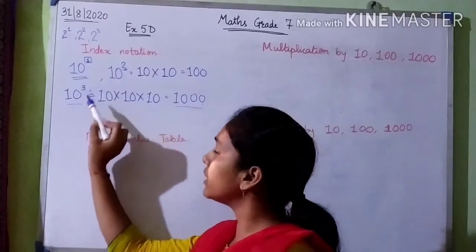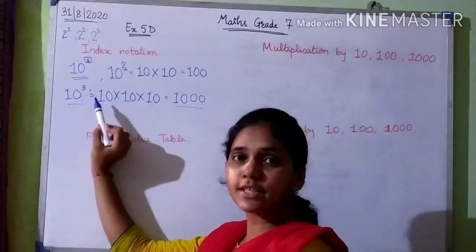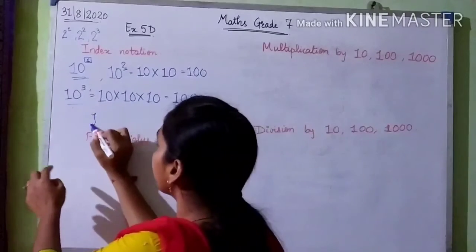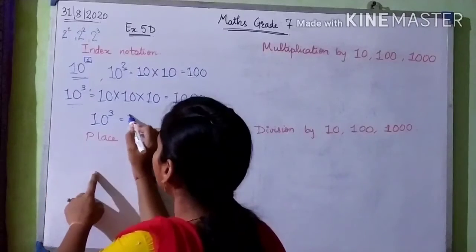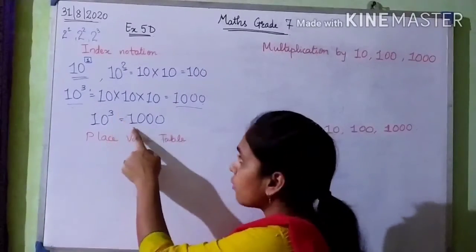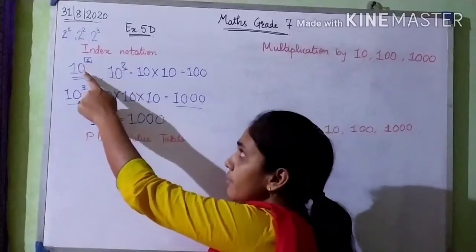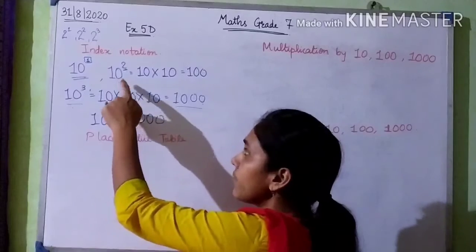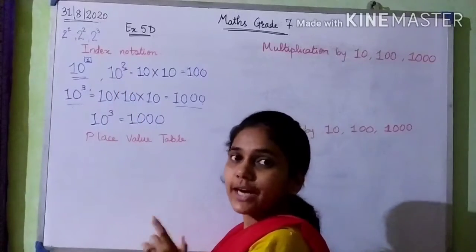So 10 raised to 3 means there are 3 zeros with 1. In 10 raised to 3 the number is 3, and in 1000 there are 3 zeros. Whatever number is raised to, that many zeros will be there in that power of 10.